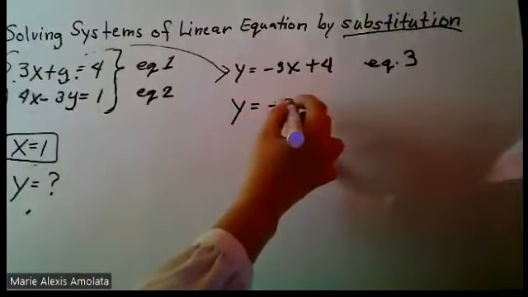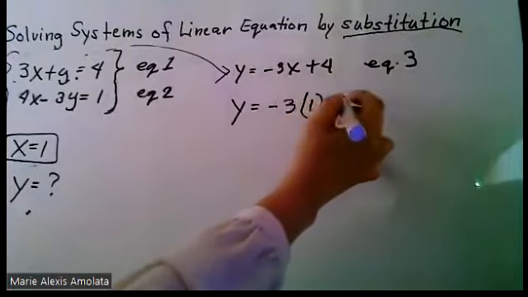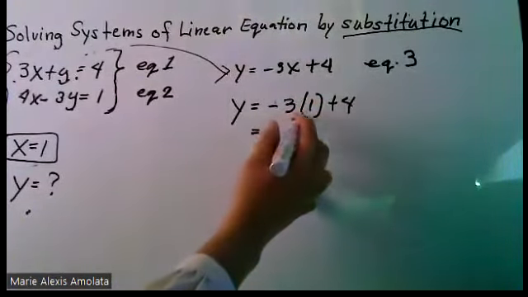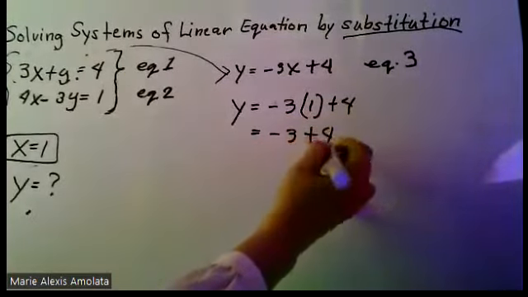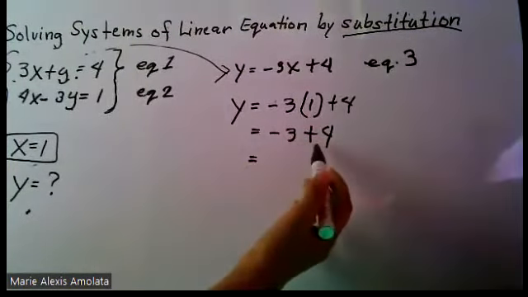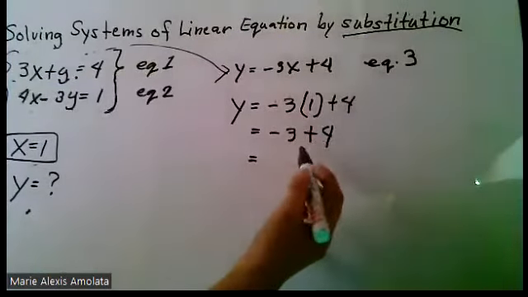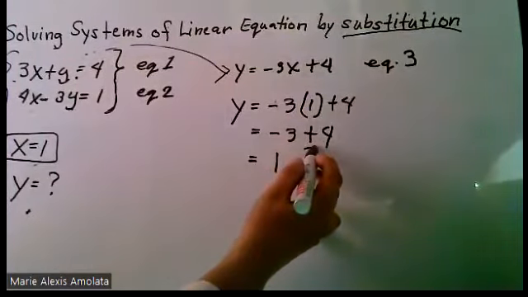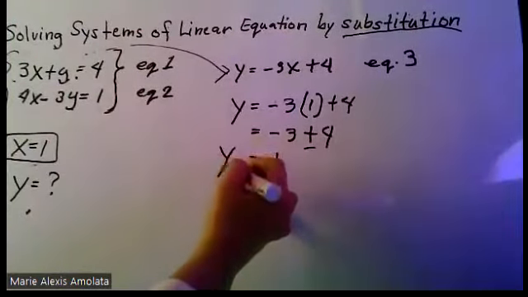Negative 3, and then si x is 1, yung value niya, plus 4. Negative 3 times 1 is negative 3 plus 4. Next is, since magkaiba sila ng signs, isa-subtract natin. So 4 minus 3 is 1. Again, copy the sign with the greater number. So positive 1. So yun yung value ni y.